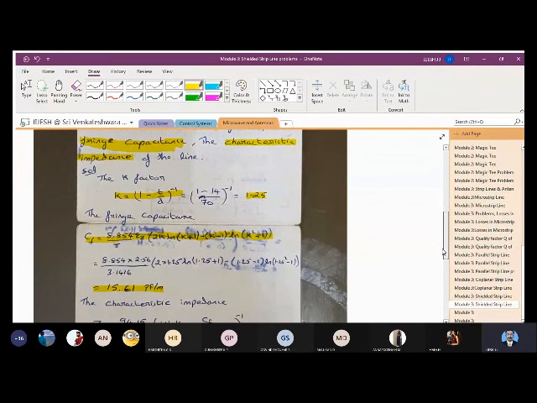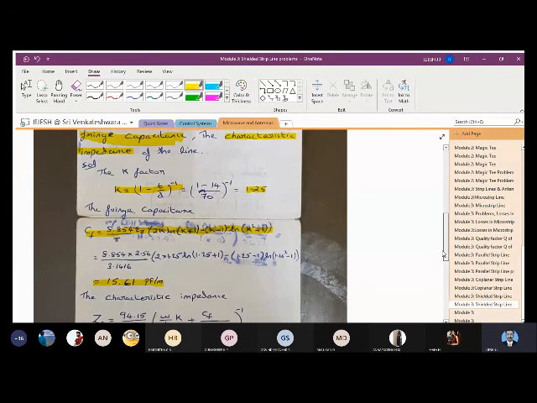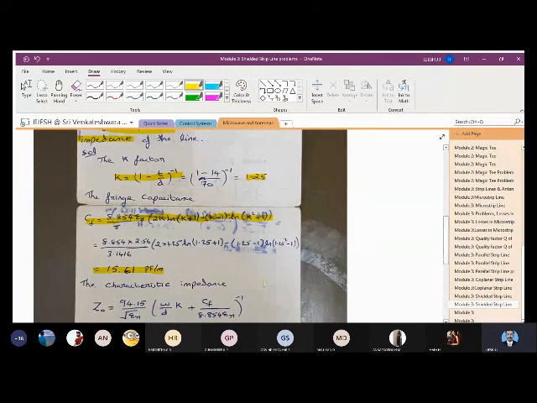CF you have calculated, K you have calculated, and the equation for Z0 you know. The characteristic impedance Z0 is given by this equation. Substitute the value of CF, the value of W by D, all those parameters, and simplify it.